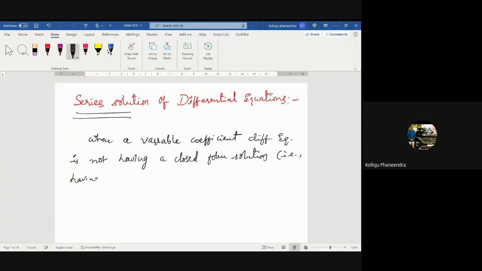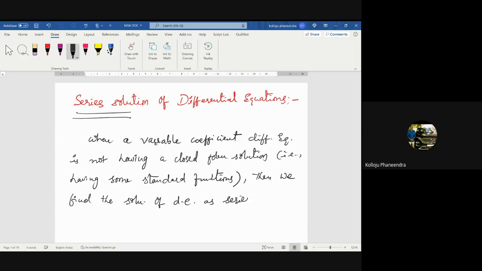Having some standard functions, then we find the solution of the differential equation as a series solution.